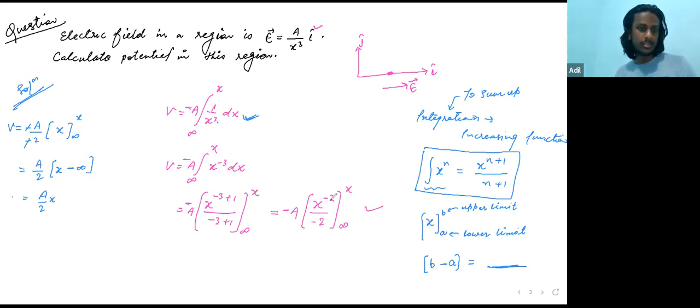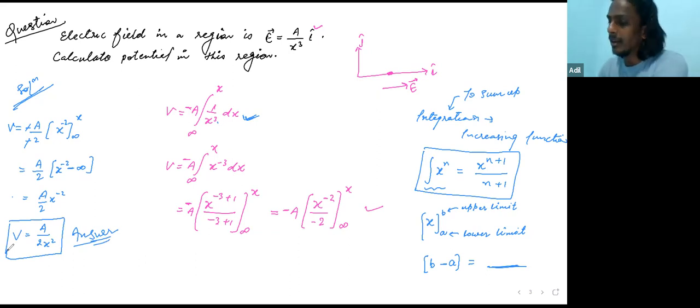No, it is x square here. We have x square left. And now, if it is x to the power minus 2, we can write it a over 2x square.